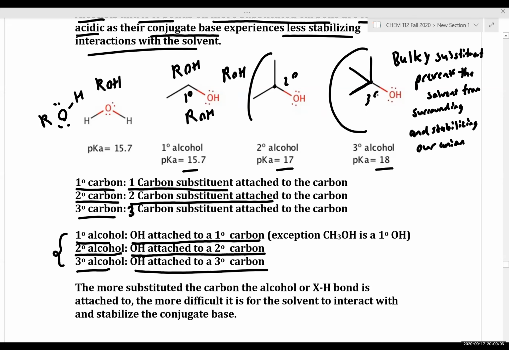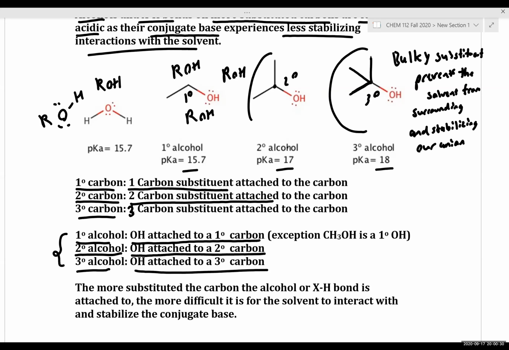Does everyone see how we go from a primary, secondary to a tertiary alcohol? We have more bulk on our adjacent carbon. It's harder for our solvent to interact with and stabilize our conjugate base. Does this idea make sense? Any questions on solvation effects?